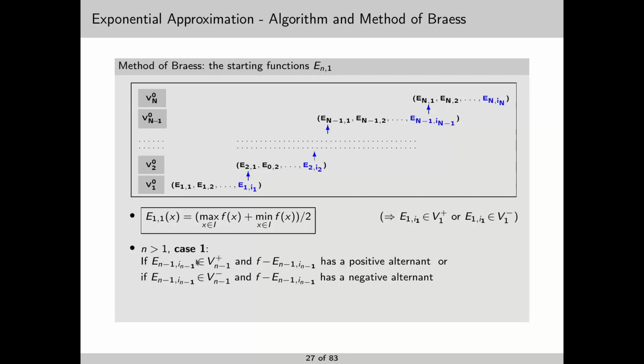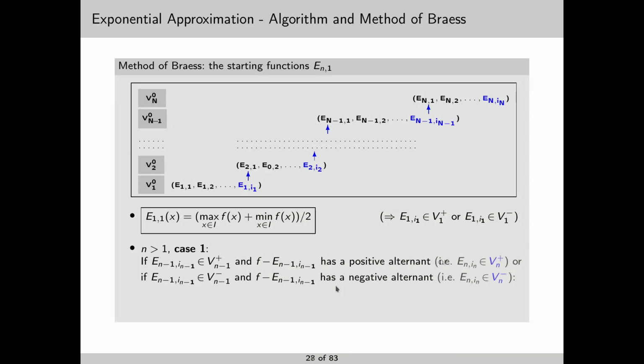Case 1. The best approximation with respect to v sub n minus 1 is an element of v sub n minus 1 plus, and the error function has a positive alternate, or the best approximation with respect to v sub n minus 1 is an element of v sub n minus 1 minus, and the error function has a negative alternate.